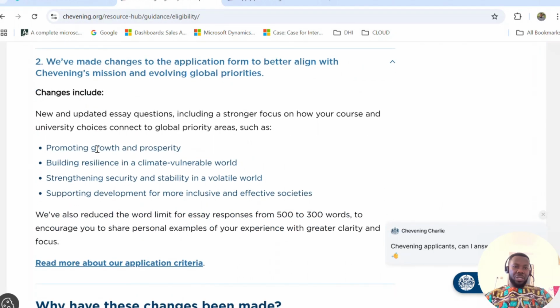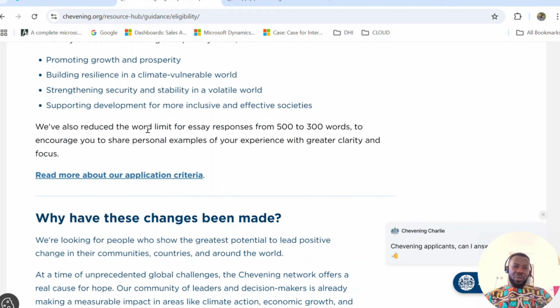The changes include new and updated essay questions, including a stronger focus on how your course and university choices connect to global priority areas such as promoting growth and prosperity, building resilience in the climate vulnerable world, strengthening security and stability in a volatile world, and supporting development for more inclusive and effective societies.